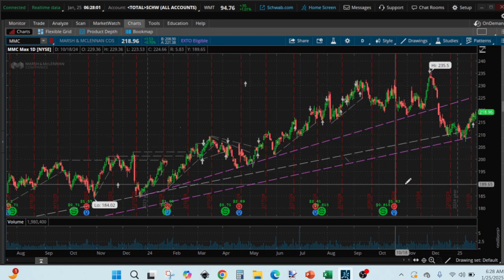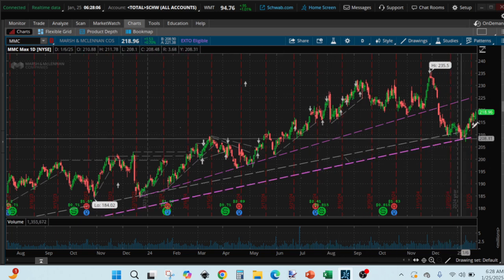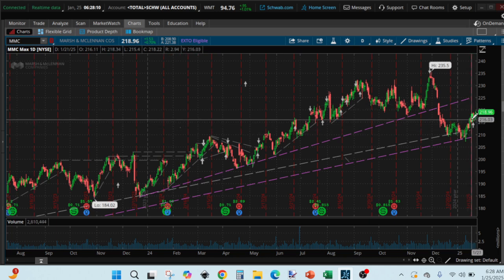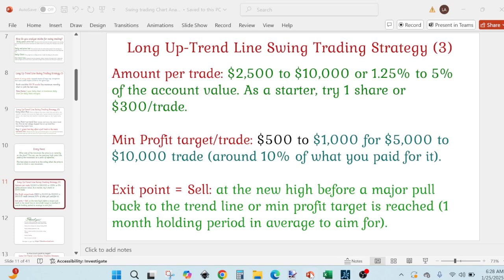Actively trading, buying and selling every few days, or buying and selling weeks or a month or 2 months later. But yeah, that is the long option swing trading strategy.